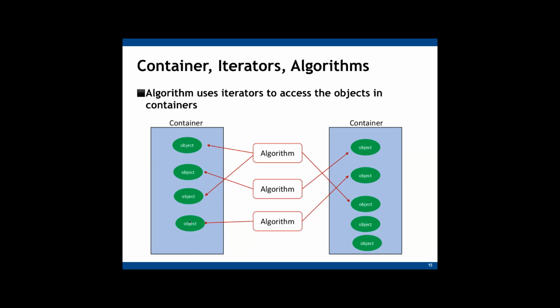So these objects are the elements stored in this container, same for this one. Using these algorithm components, we can perform a particular task such as sorting objects or searching objects in the container. And the algorithm uses the iterator operator to traverse all the elements in the container.